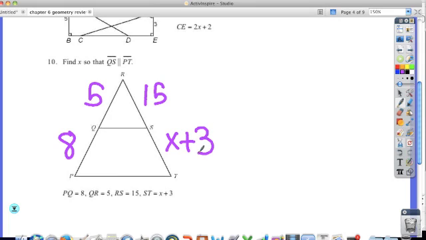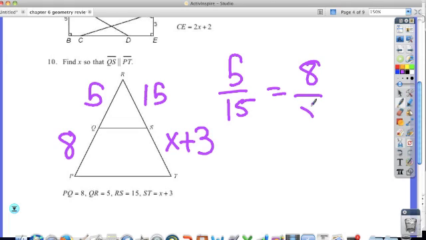How do you want to set up the proportion? There's lots of ways to do it. 5 over 15 equals 8 over x plus 3. You could simplify 5 over 15 to 1 over 3.